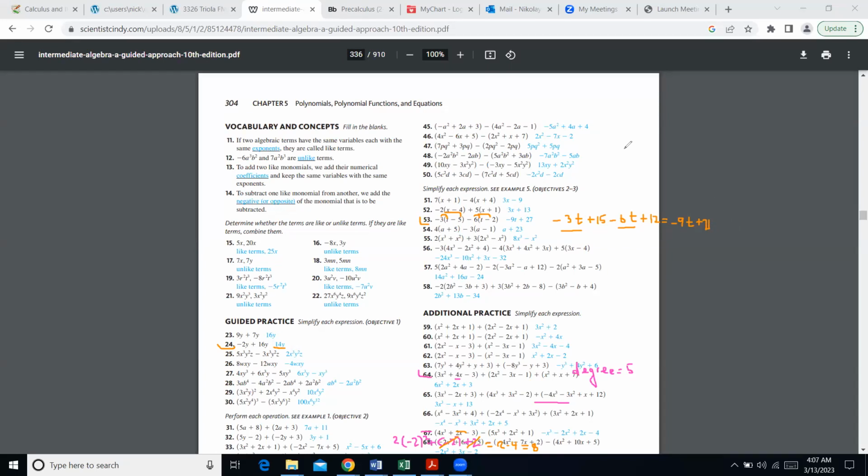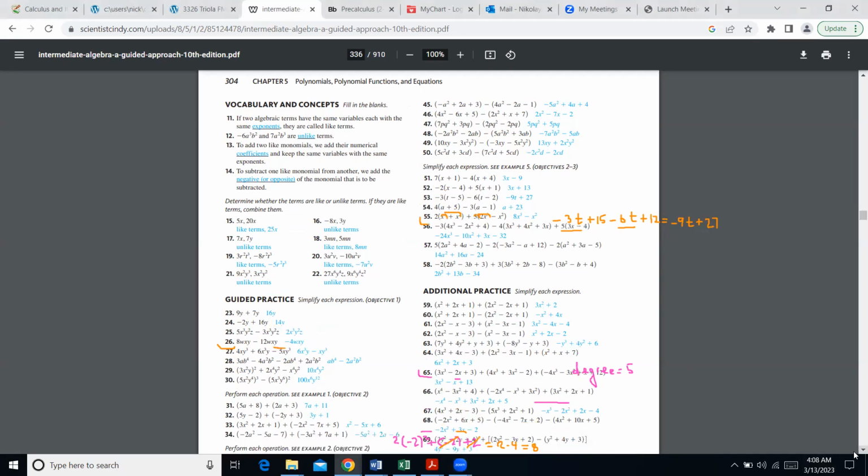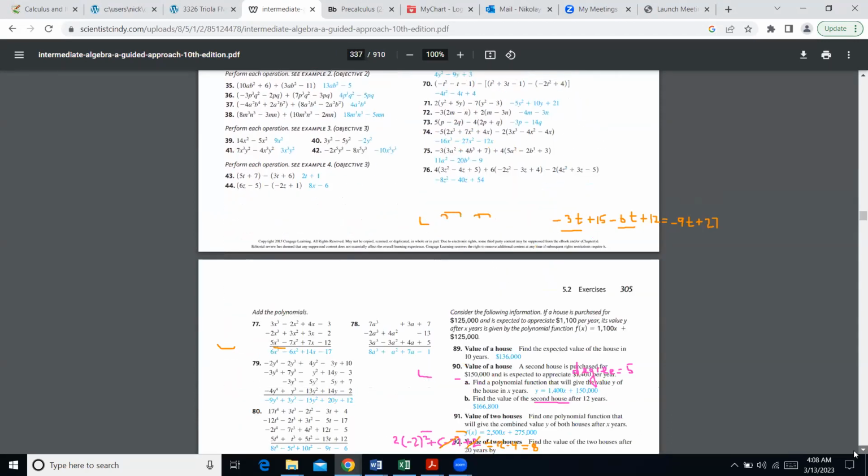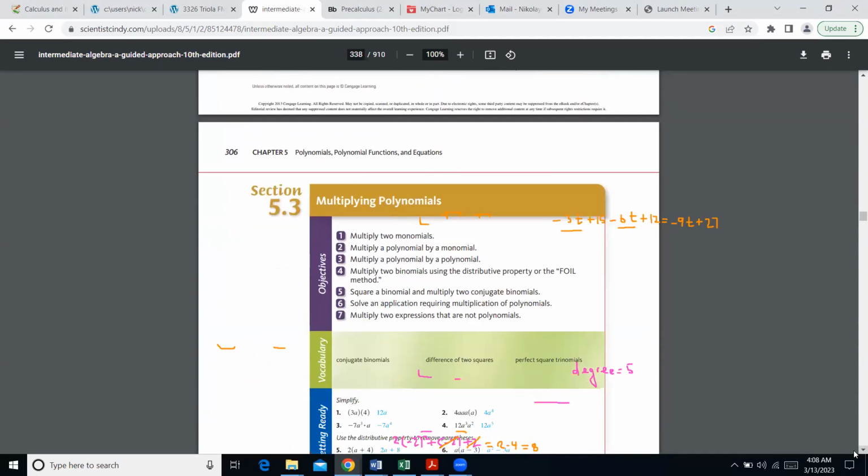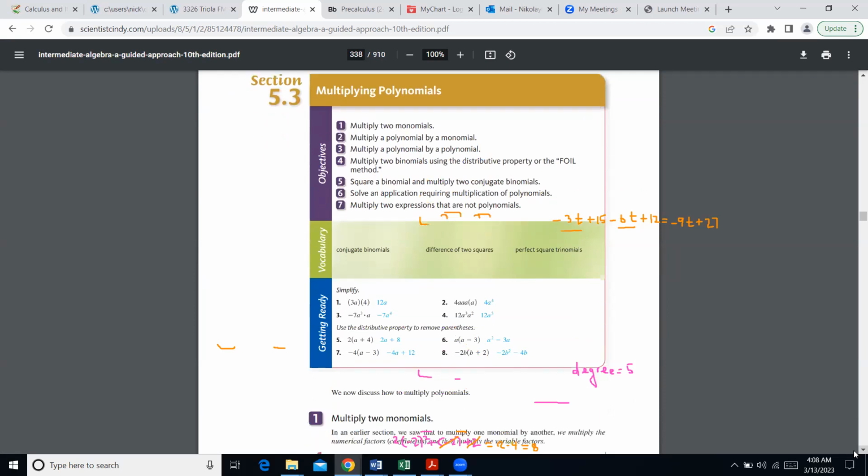Let me write this a little bit more carefully. Minus 9 t's, and then plus 27. So again, a nice feature of this textbook is that we can see the answers, and I hope these sections are something that you feel okay with, because adding and subtracting numbers is a favorite part.